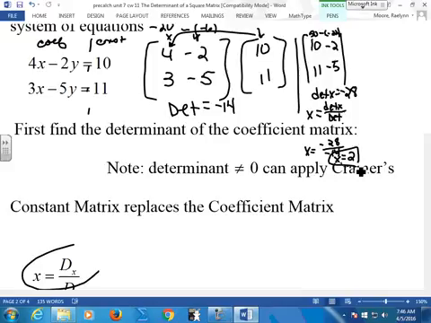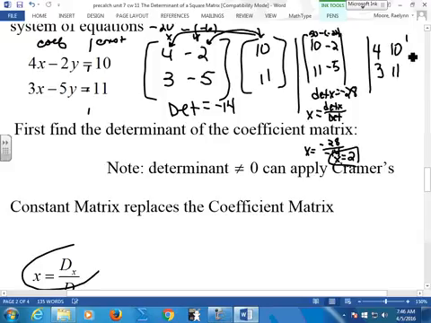Then we're going to do the same for y. We're going to take this column and replace the y. We're going to put the x back to where it was. And we're going to find the determinant. So multiply up, 44 minus 30. So the determinant for this guy is 14.